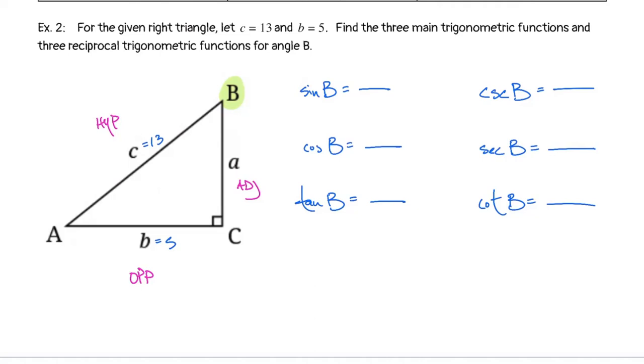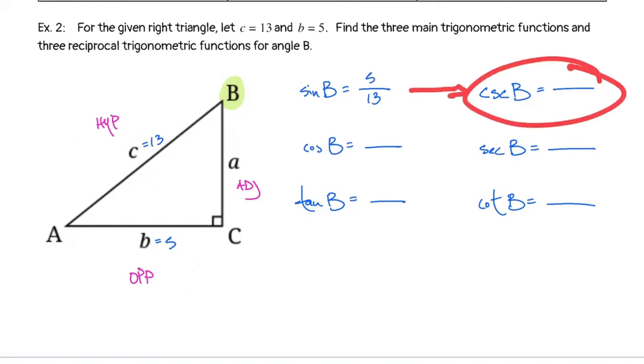But I love the way that Ellie just talked us through that process because we do in fact have the opposite and the hypotenuse. So that gives us 5/13 for sine. And how did you know that cosecant was the one that you could find right away?